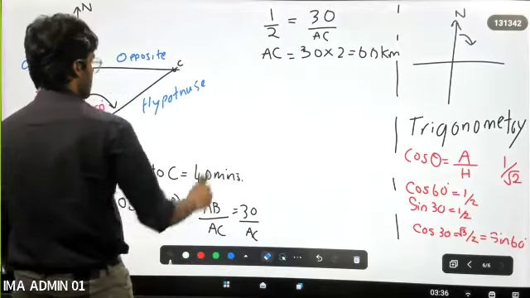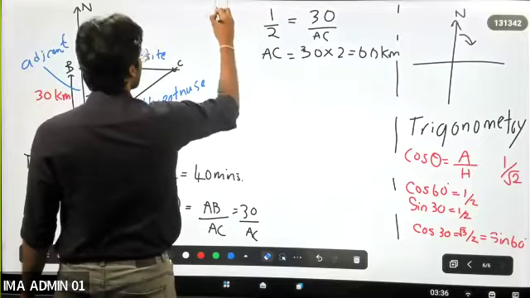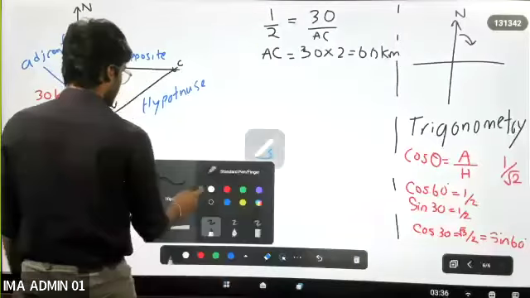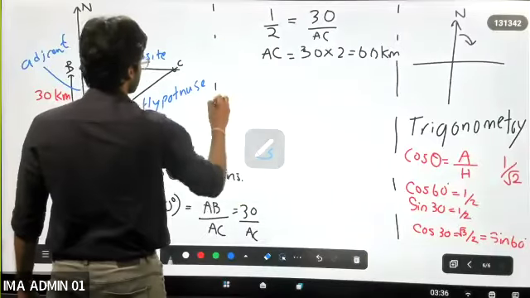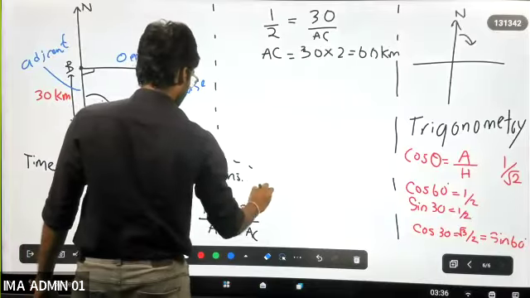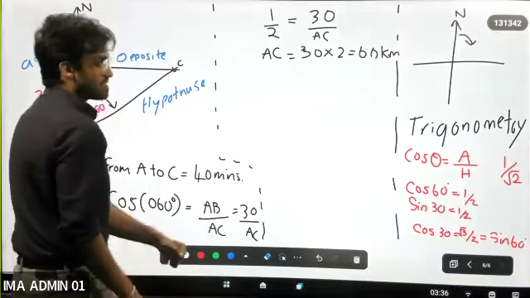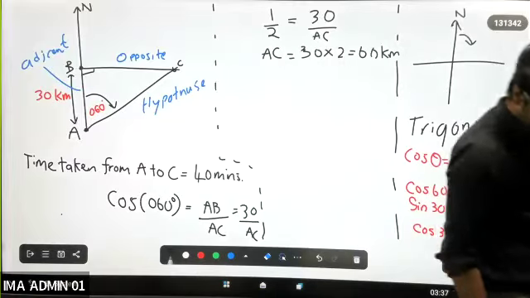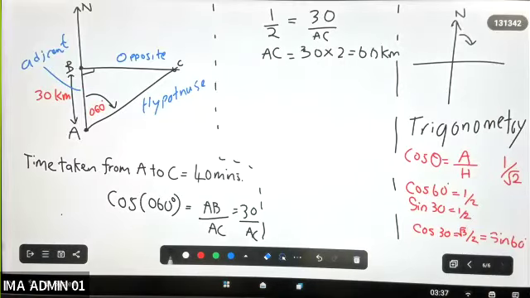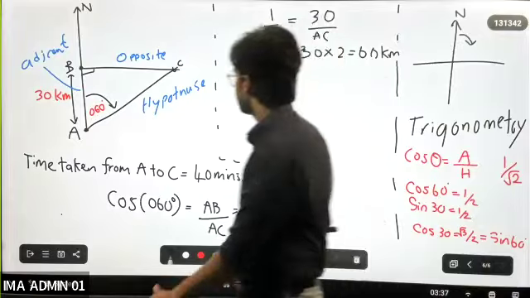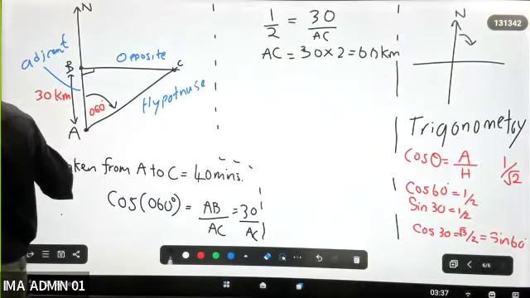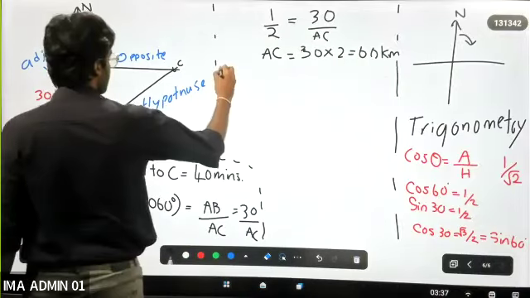Okay. So what's the next question they ask? Next asking average speed of the boat. Average speed of the boat.